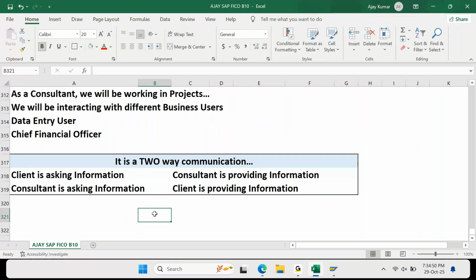Similarly, if the client is talking to me, am I confident enough to talk to the client, to the user? Else what will happen? We all get fear. We all get fear because we do not know what information the client will ask. I don't know much. I did not practice this topic. I did not practice that topic. It is exactly the same as going to an examination. Just before going to the exam, you don't remember the answers, but you remember all the questions, right? All the topics.